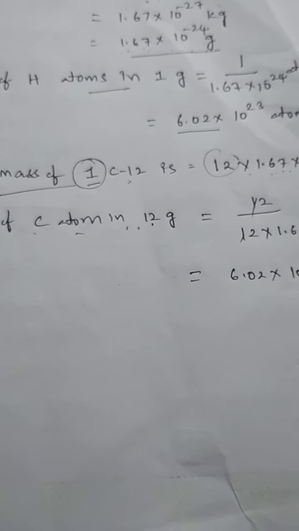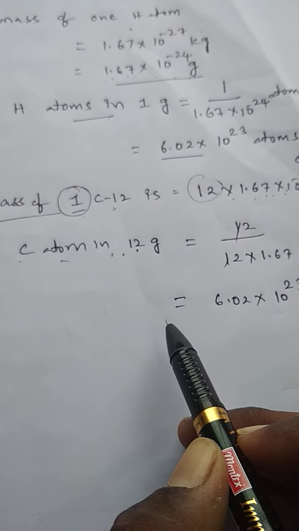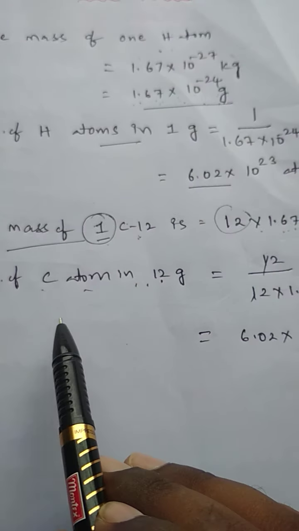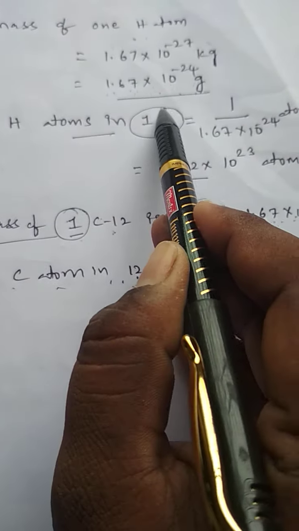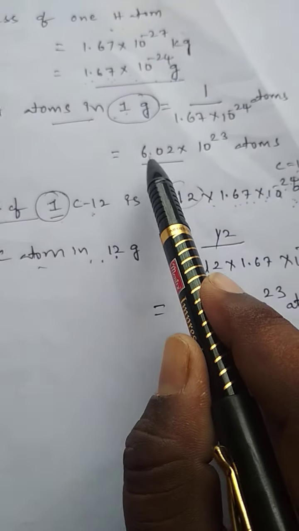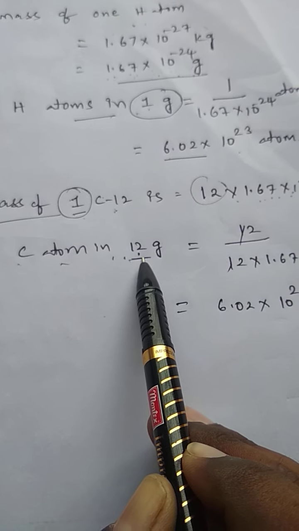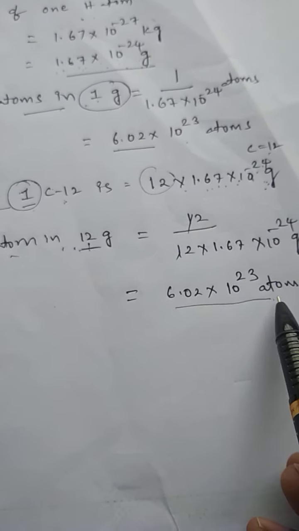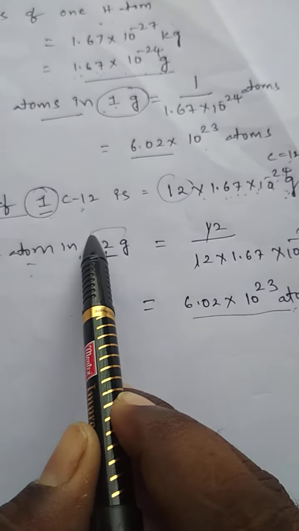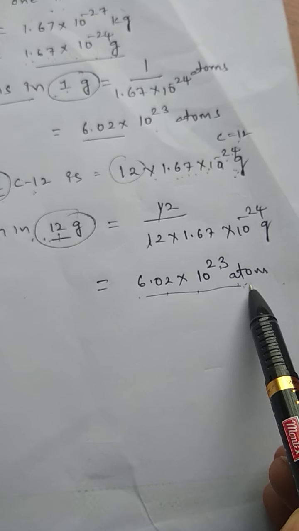So for every atom, for example, let's take sodium or any atom, hydrogen atomic weight is 1 gram, hence 1 gram is equal to 6.02 into 10 to the power of 23 atoms. Carbon atomic weight is 12, so the number of carbon atoms present in 12 grams is equal to 6.02 into 10 to the power of 23 atoms.